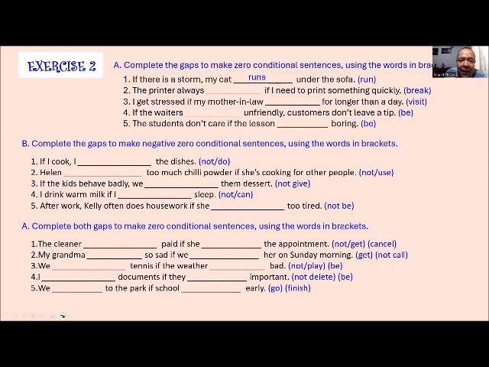Daniela, and then Carlos. Please, Daniela. Number 2: the printer always breaks if I need to print something quickly. Exactly, breaks. Thank you so much. Next, Carlos. I get stressed if my mother-in-law visits for longer than a day.